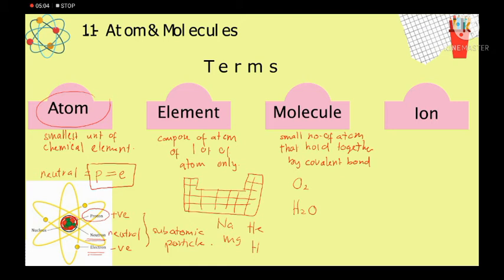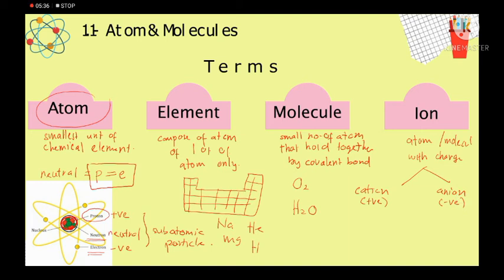The last one is ion. An ion is an atom or molecule with charge. We consider two types of ion. The first one is cation, which is positively charged, and the second one is anion, which is negatively charged.